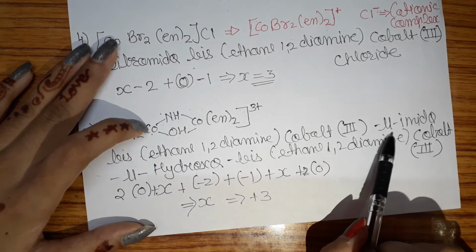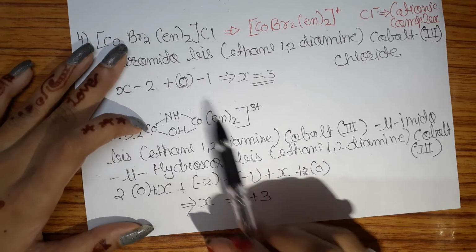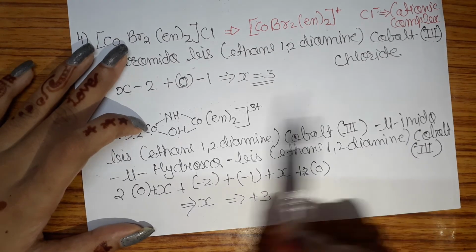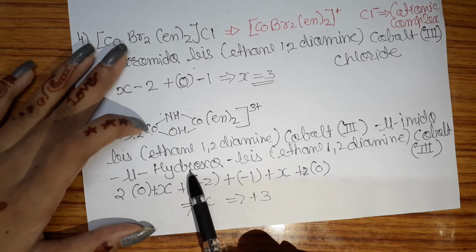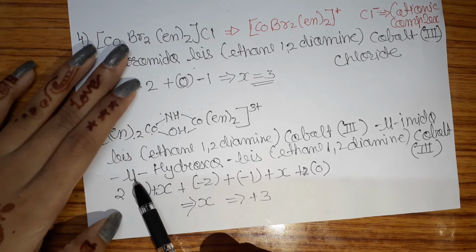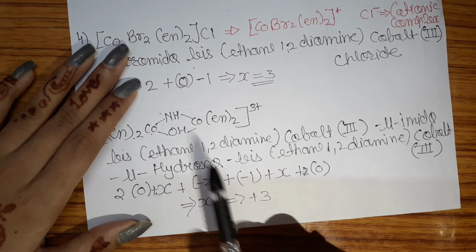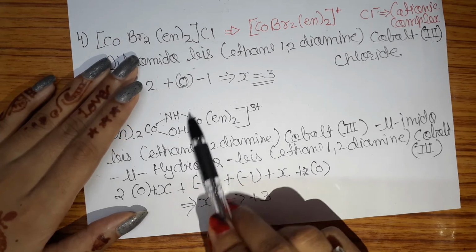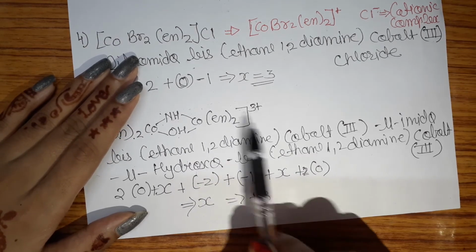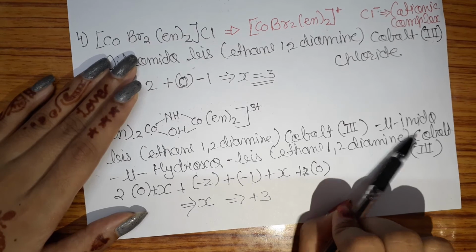Then we have to write mu because it is forming a bridge here, then imido. Then we will write hydroxo. First of all we have to write mu because it is forming a bridge here. Okay, then hydroxo. Then again for this we will write bis ethane-1,2-diamine, then cobalt.